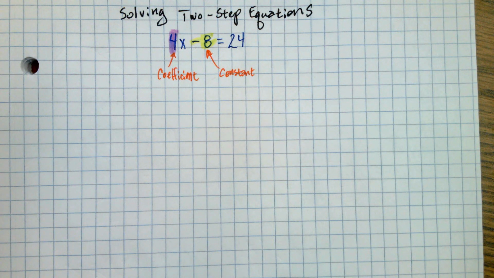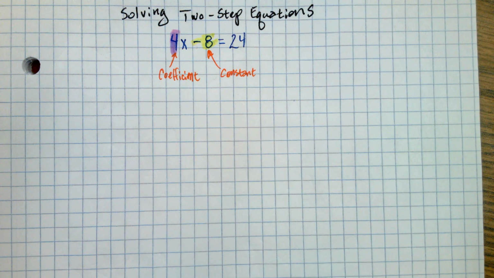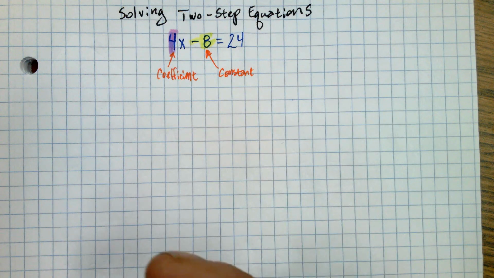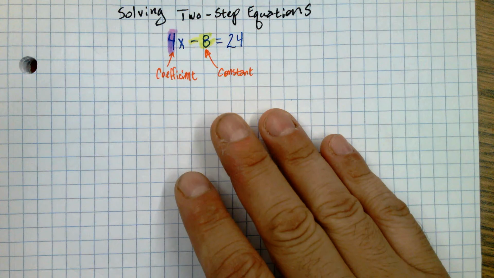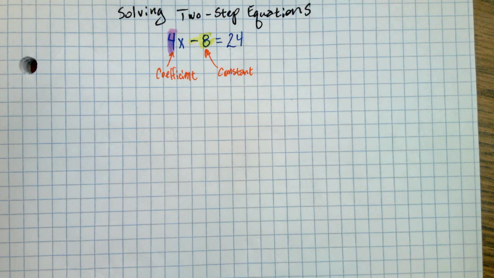So let's talk about the steps to solve a two-step equation. Because there's always a question, okay, do we get rid of, for example, the 8 first, or -8, or do we get rid of the 4 first? Do we get rid of the coefficient? Do we get rid of the constant? So we're going to write down the steps to solve this. Let's pick another color.